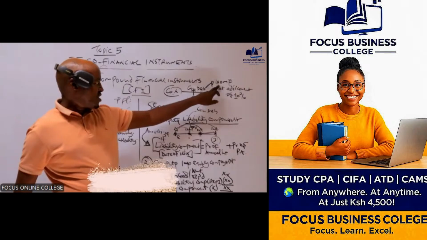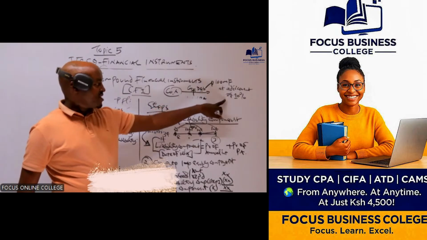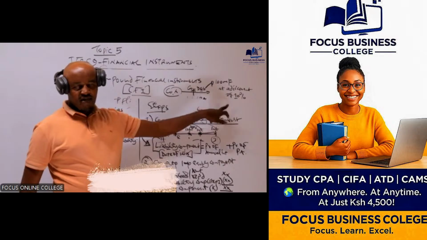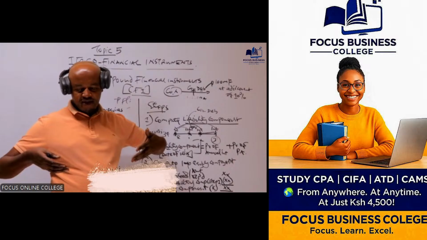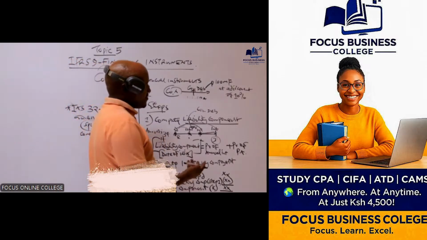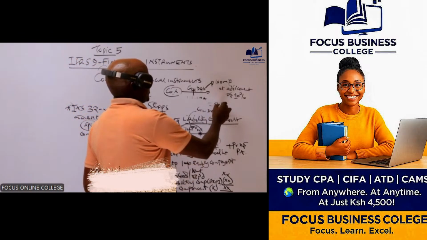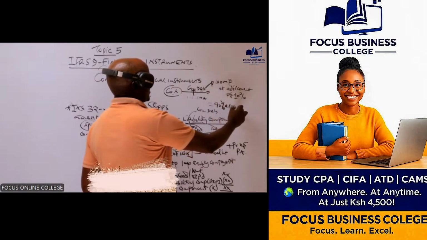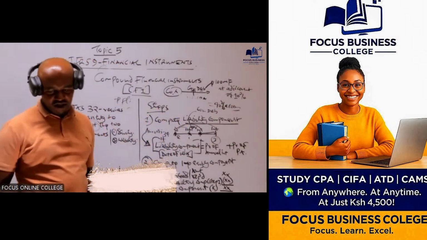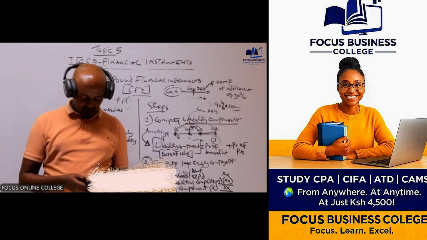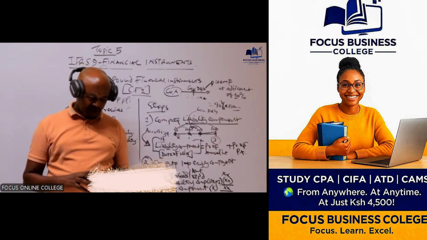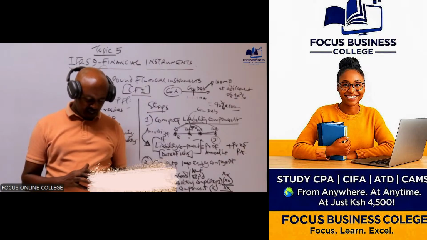The debentures issued had a value of 100 million, but they were issued at a discount of 10%. Did the company receive the full amount of 100 million? No. The amount received in this case would be 90% of 100 million. So the amount received is always computed based on the information provided. The examiner will give you information which will assist you in computing the amount which was received.